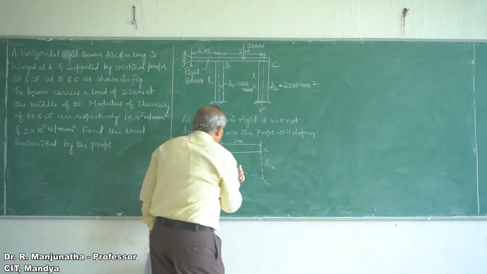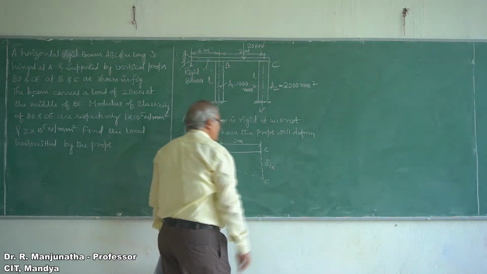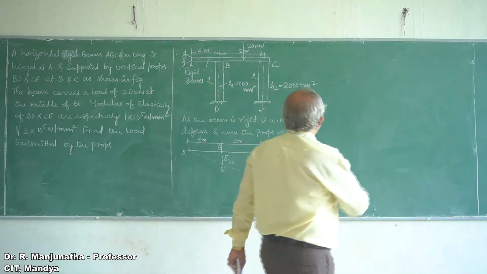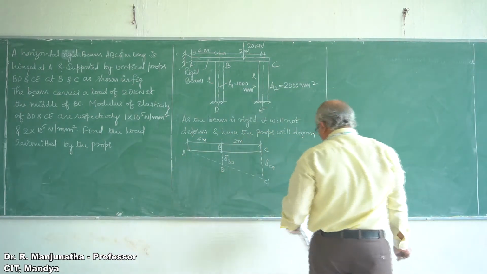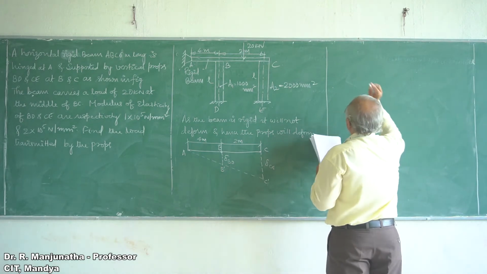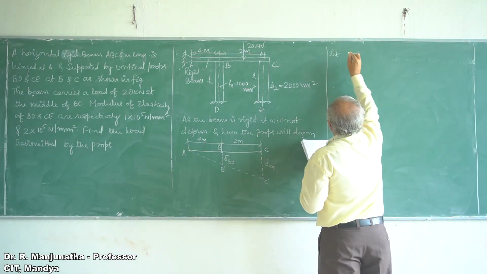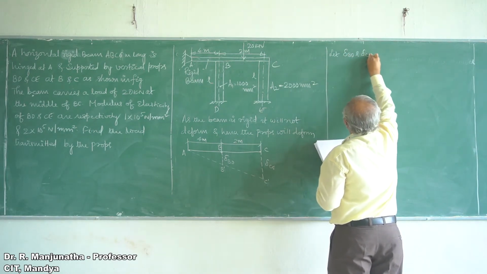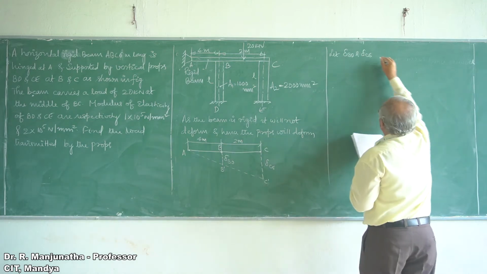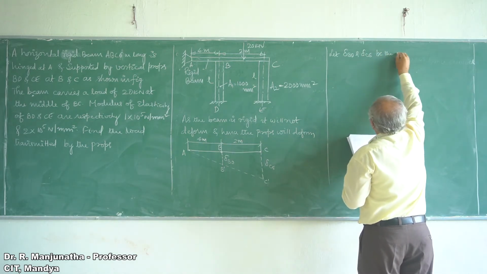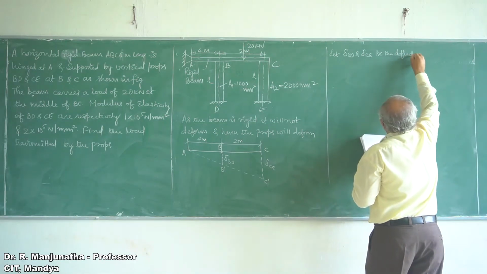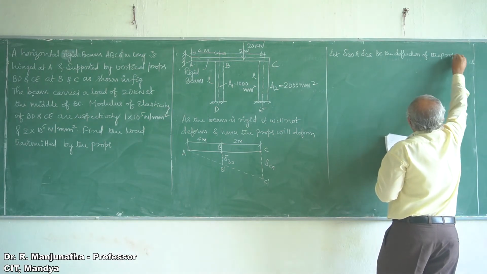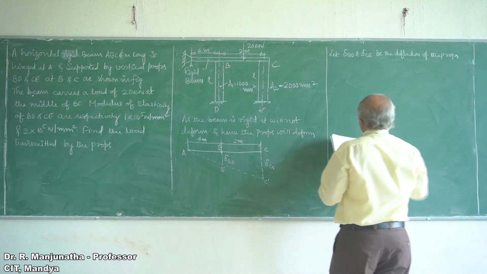Here we have B dash and C dash. Now we consider delta BD and delta CE to be the deflections of the props BD and CE.